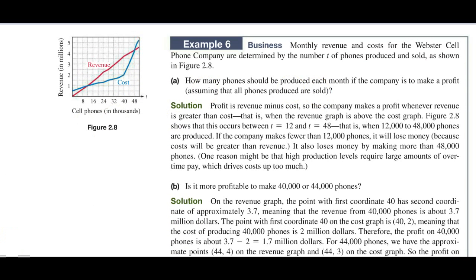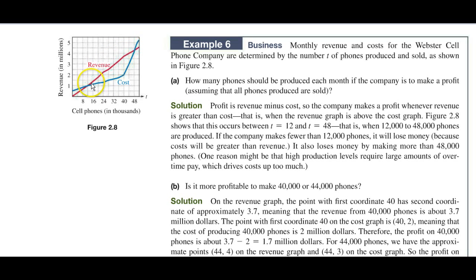Let's take a look at this one. After reading this, I realized that I would have to read it all to you. You would need to study, but suffice to say that if you look at the red line that we spoke of in Chapter 1, which is revenue, and the blue line, which is cost, anytime you are above the blue line with your revenue, you're making a profit.